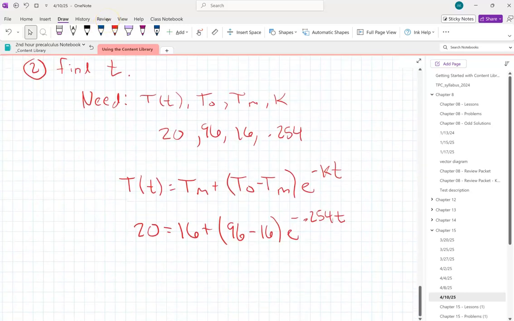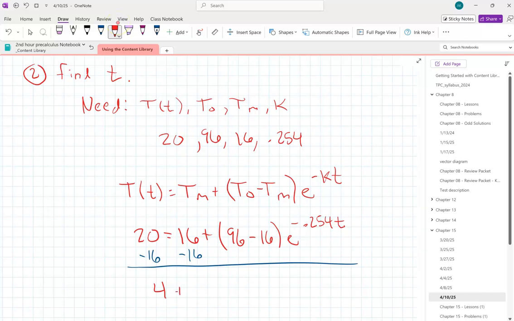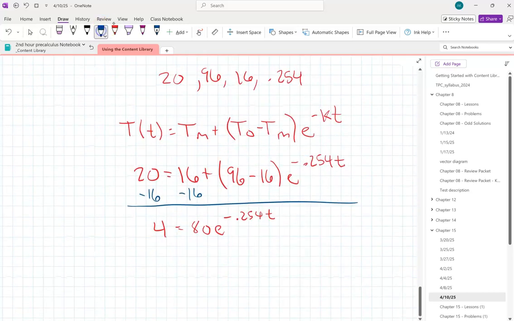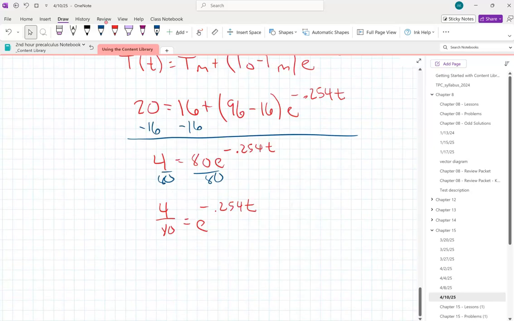And now it's basically the same algebraic steps, right? We'll subtract 16 from both sides. And we'll divide by 80. Again, I recognize that that fraction can reduce, but who cares? It's just going to go into my calculator anyway. We'll do the natural log of both sides.